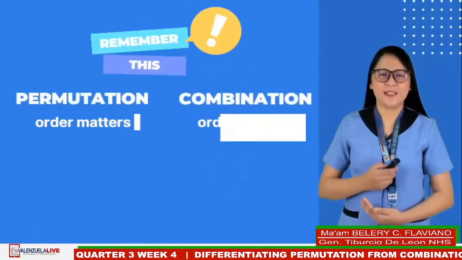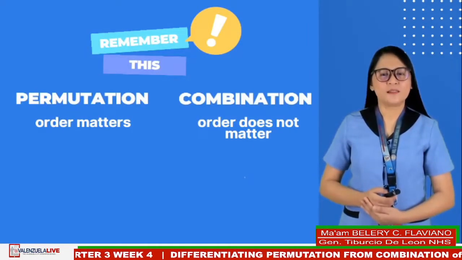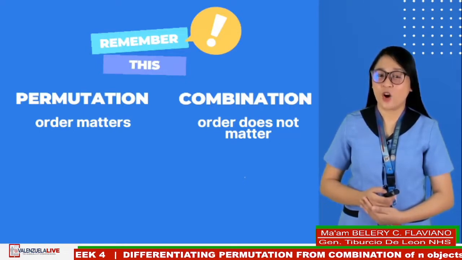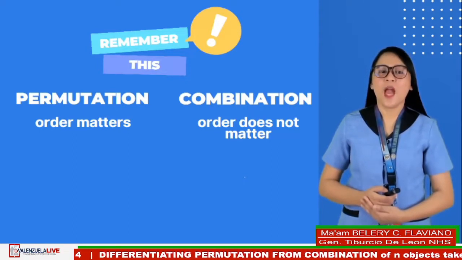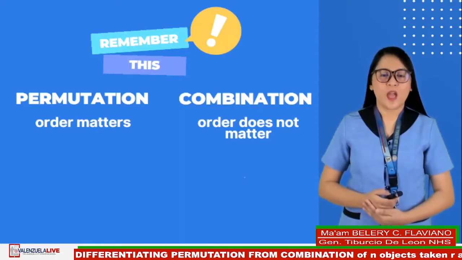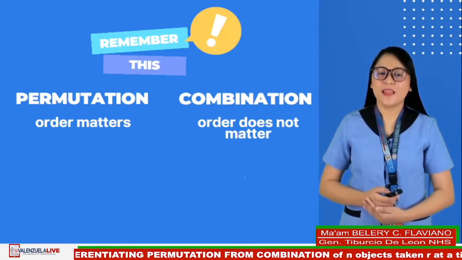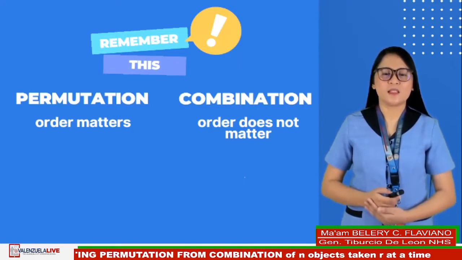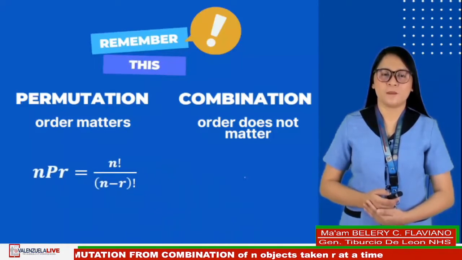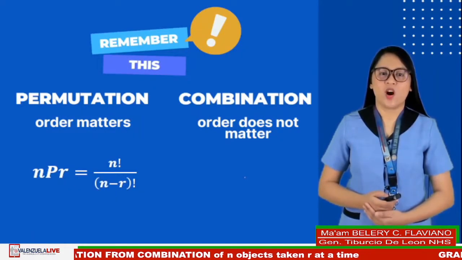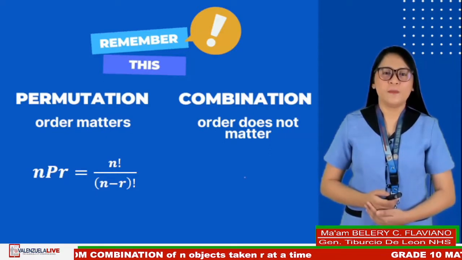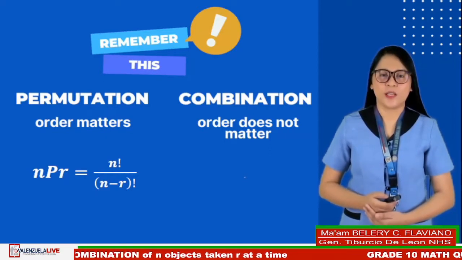Now remember this. One important thing to consider in solving the number of ways in selecting n objects taken r at a time is the order. If order matters, then that's permutation. If order does not matter, then that is combination. Here's the formula for permutation: n taken r at a time is equal to n factorial over n minus r factorial.